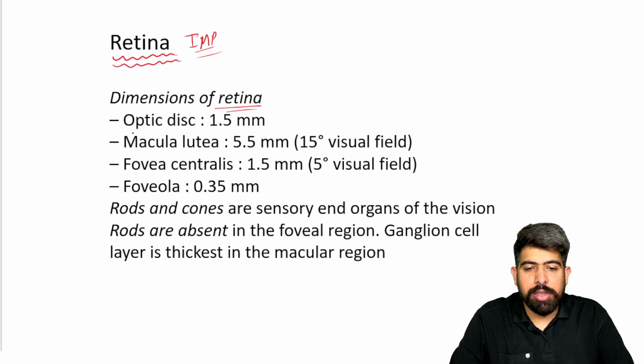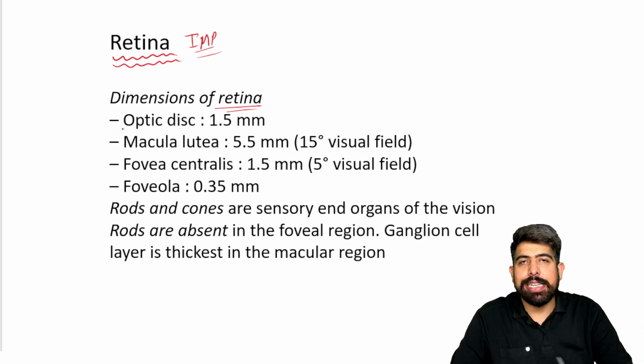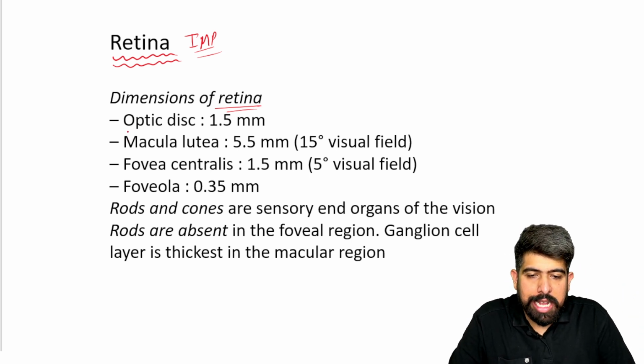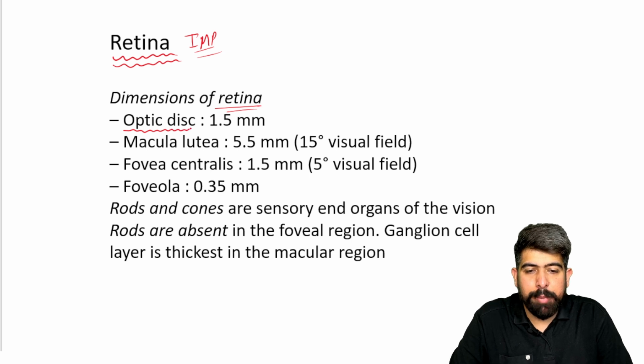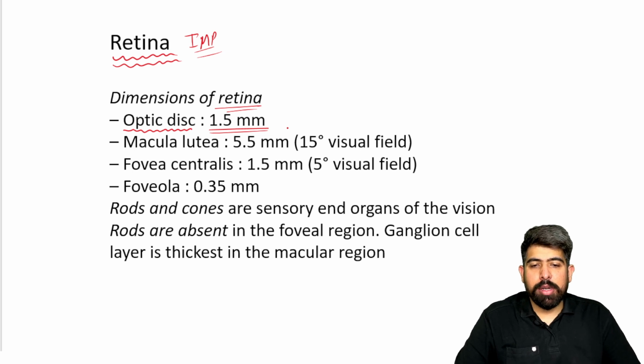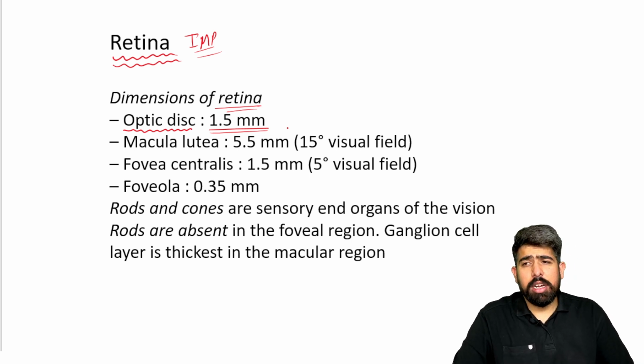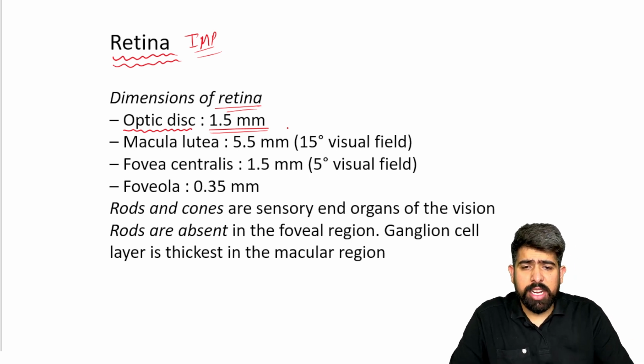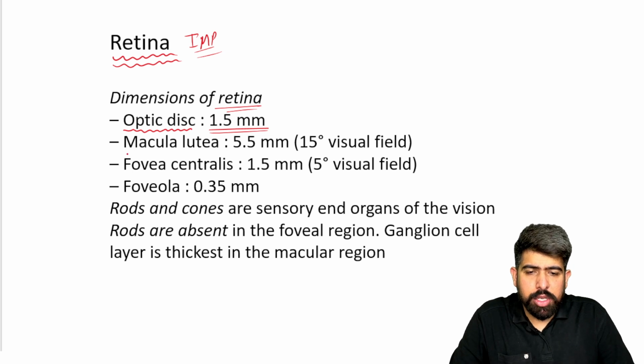In the retina, you saw one disc-shaped structure, which is known as your optic disc. The dimension of the optic disc is 1.5 mm. On the other side, the macula lutea, the macular region, has a size of 5.5 mm.